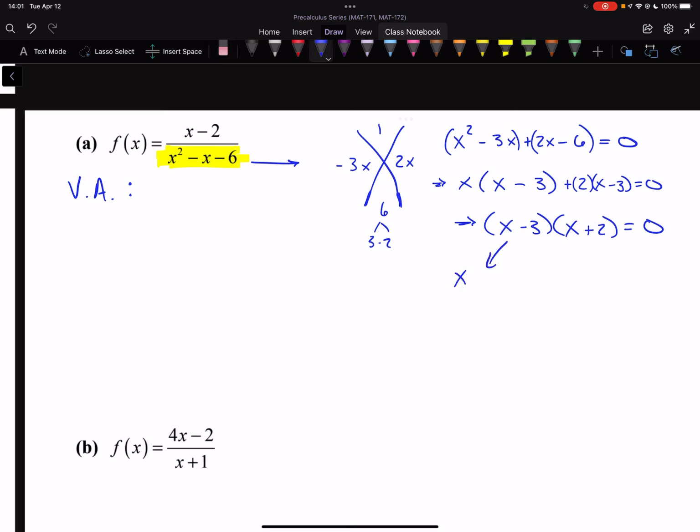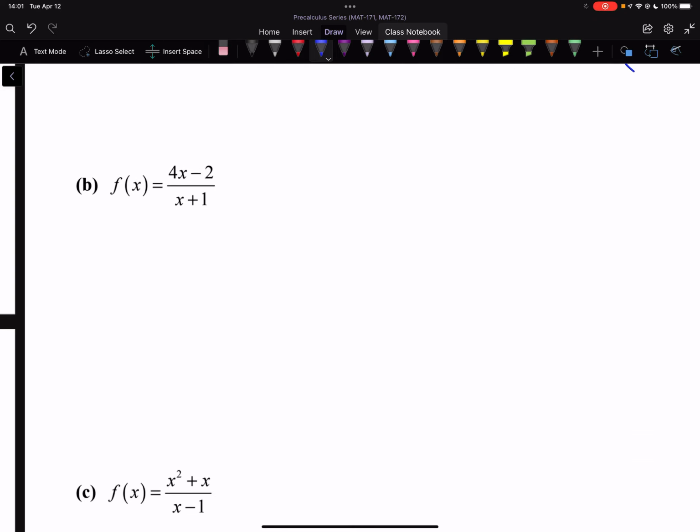The locations are at x equals 3 and x equals negative 2. So my vertical asymptotes are equations just like this: one equation, x equals negative 2, and the second, x equals 3. That's how I get my vertical asymptotes for that one.